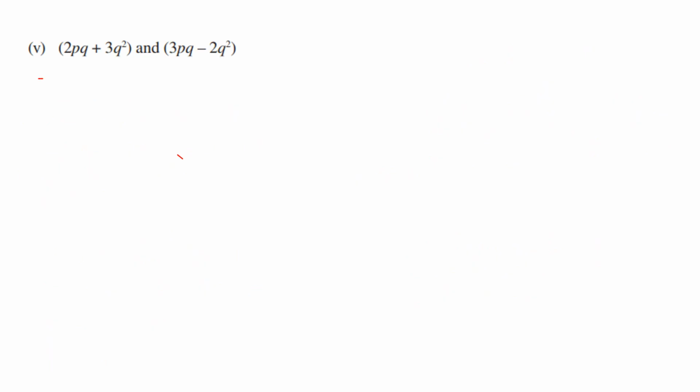Here you have to multiply 2pq plus 3q square and 3pq minus 2q square. So first multiply 2pq with 3pq minus 2q square. Then plus 3q square you have to multiply with 3pq minus 2q square.